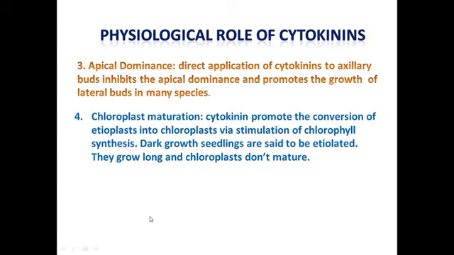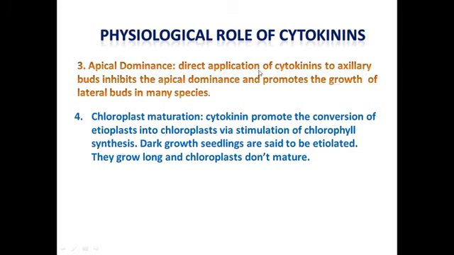Moving to the next role of the cytokinins, that is apical dominance. I have already told you that apical dominance is when the apical bud suppresses the growth of the lateral buds, because the apical bud contains the auxins, and that is responsible for the apical dominance.